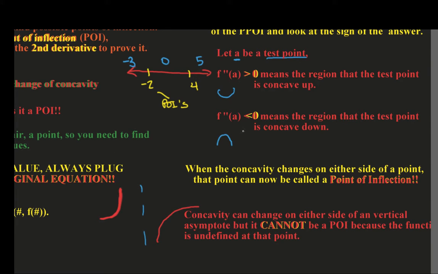Okay, so how do you find your vertical asymptote? If you remember, you're going to set any denominators equal to 0. So whatever is in the denominator, set it equal to 0, and that should also be a critical number. You can't call it a critical point. It's not a point, but it is a number.